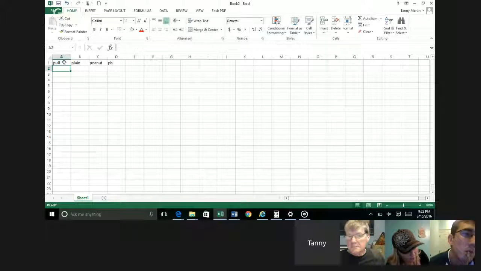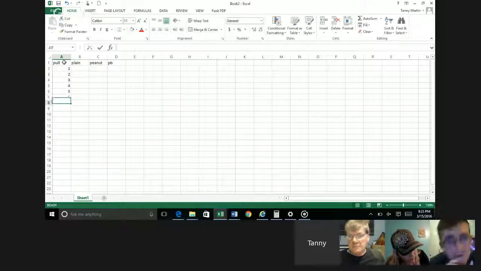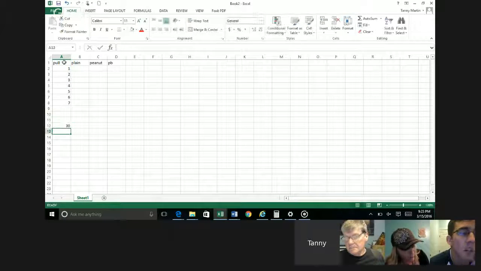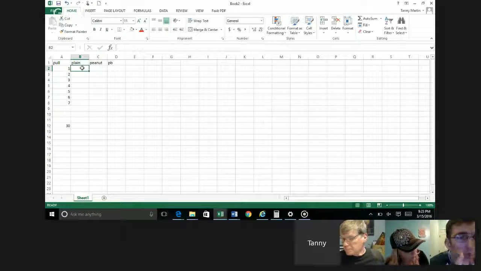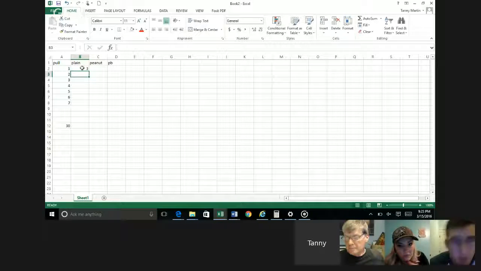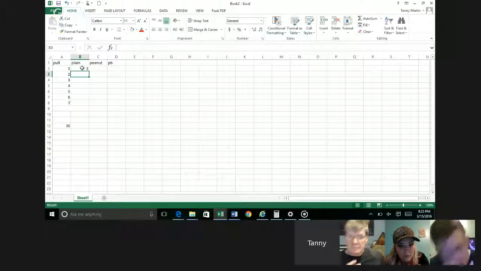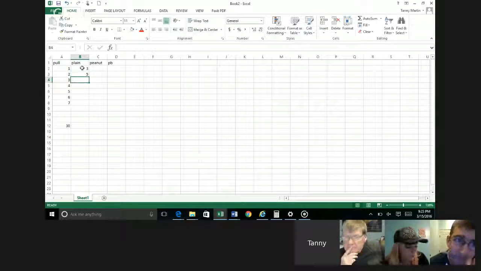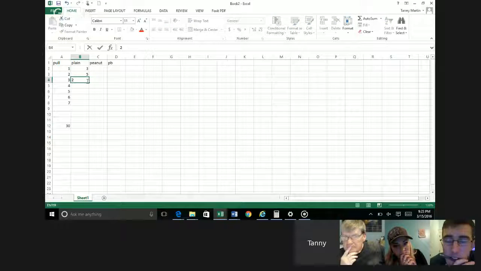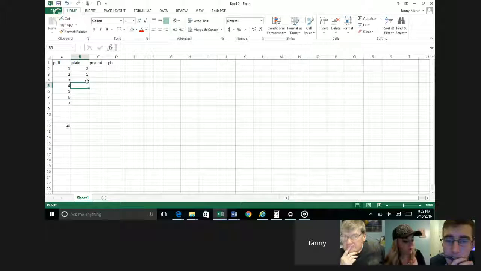Then you're going to have pull 1, 2, 3, 4, 5, 6, 7, 8, all the way down to 30. So you stick your hand in the plain ones, and you pull out a yellow, so that's going to get a 3. And then the next time you pull out an orange, so that's going to get a 5. And then the next time is a green, so it's going to be a 2. Okay, and all the way down to 30.